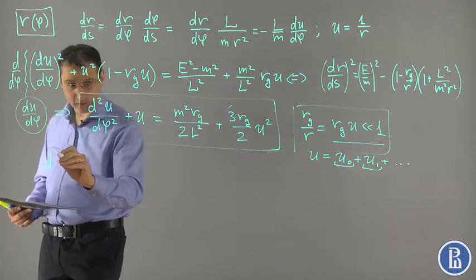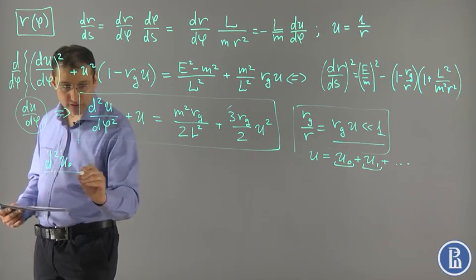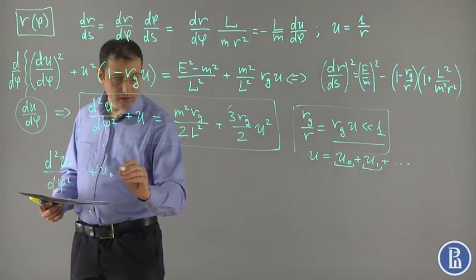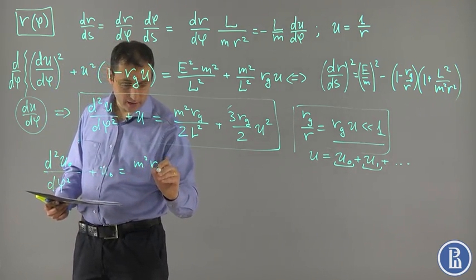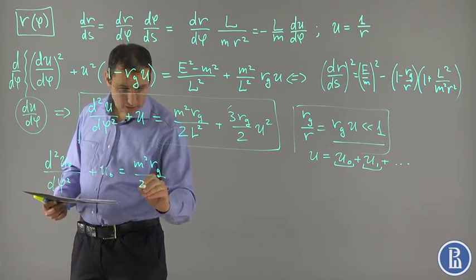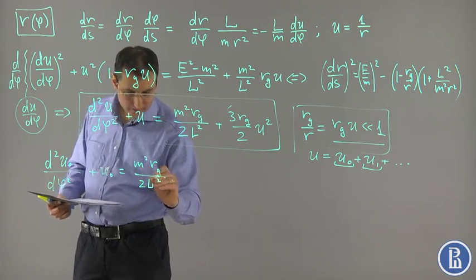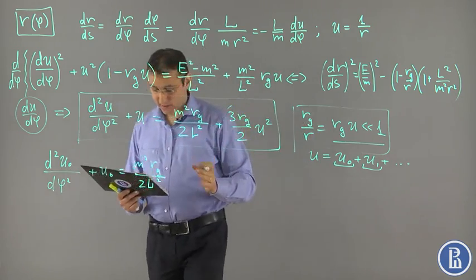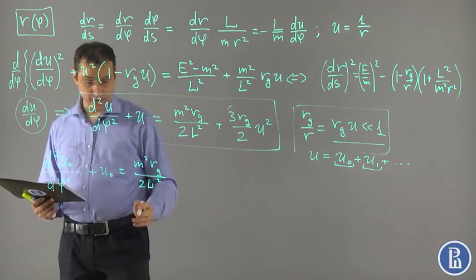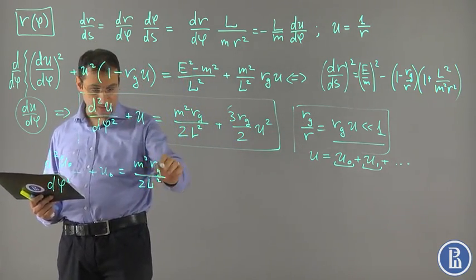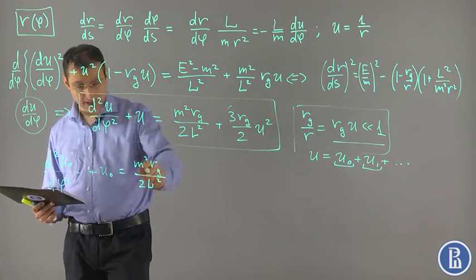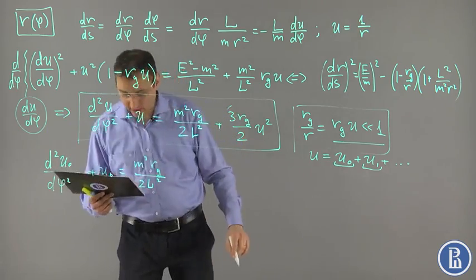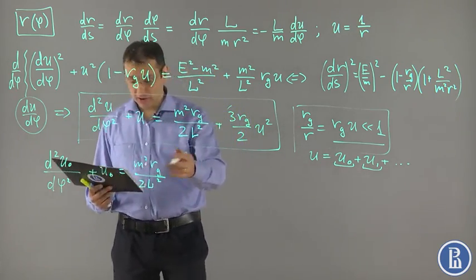In this limit, this equation reduces to the following one: d squared u0 over d phi squared plus u0 is equal to m squared r_g divided by 2L squared. So this equation is oscillator type equation with an inhomogeneous part. If the right hand side were 0, we would obtain just the oscillator equation. With a non-zero right hand side, we have just an inhomogeneous perturbation.